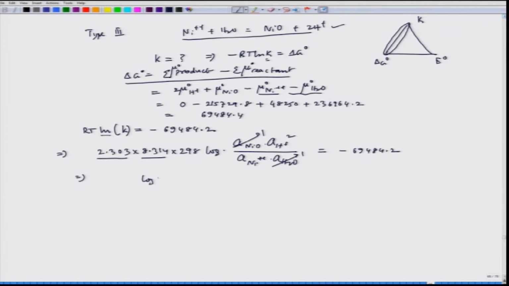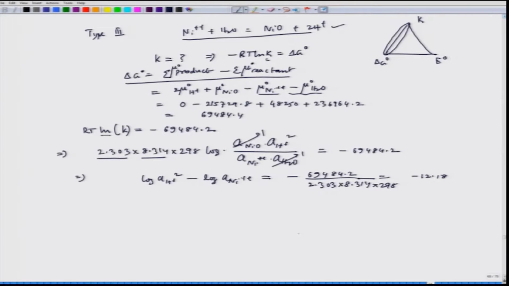So, log of minus log of equals minus 69484.2 by 2.303 into 8.314, of course into 298. It becomes minus 12.18.